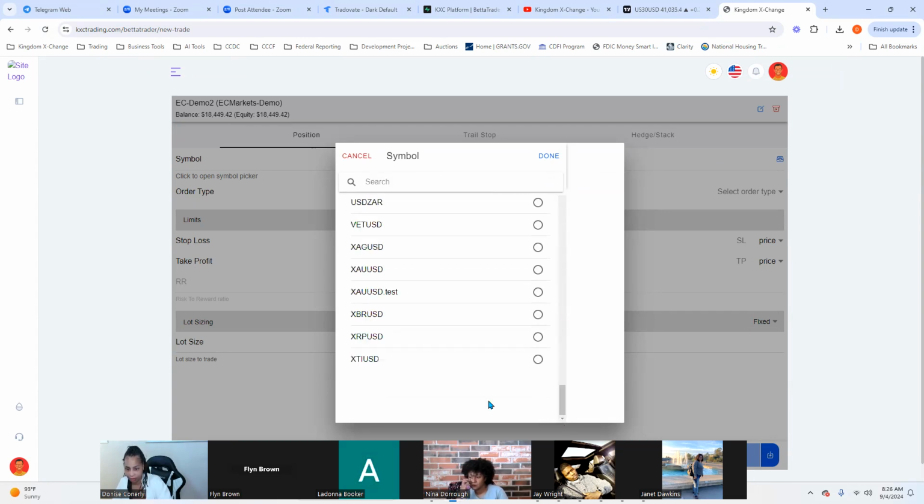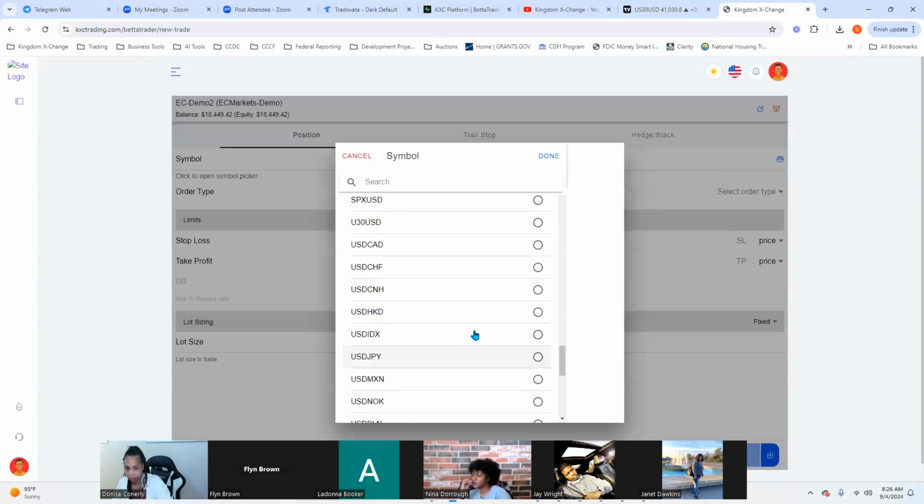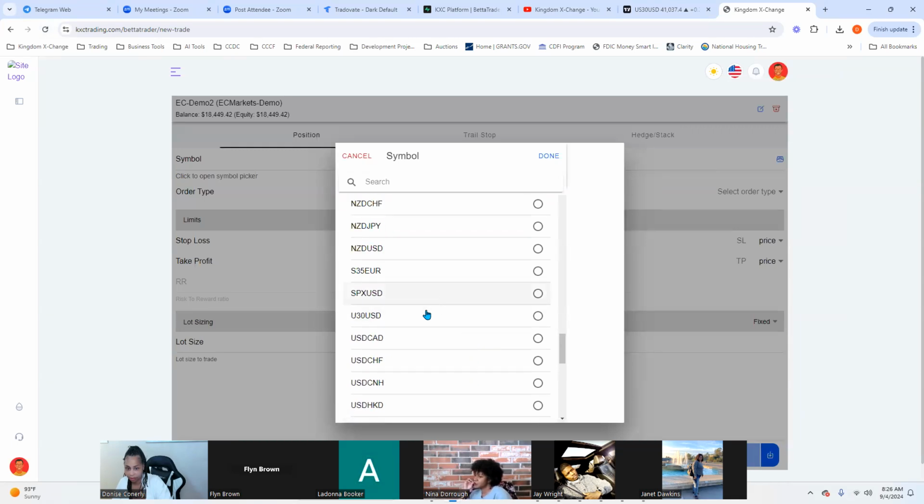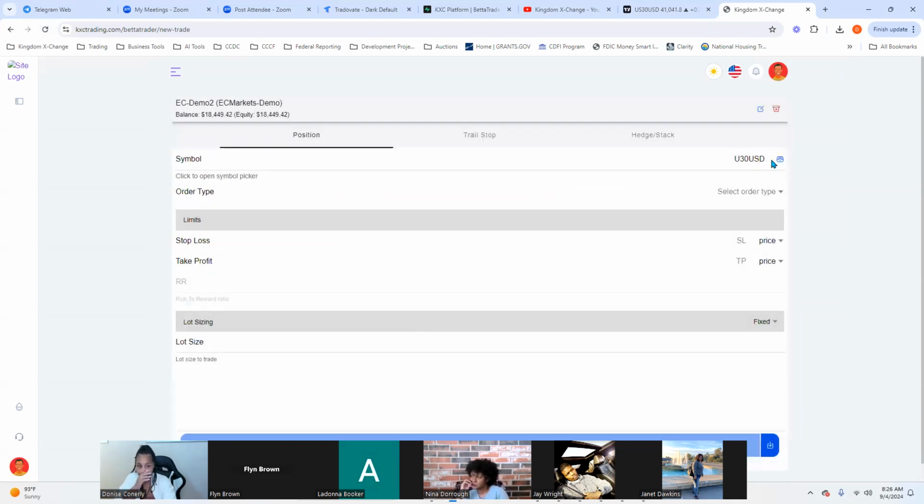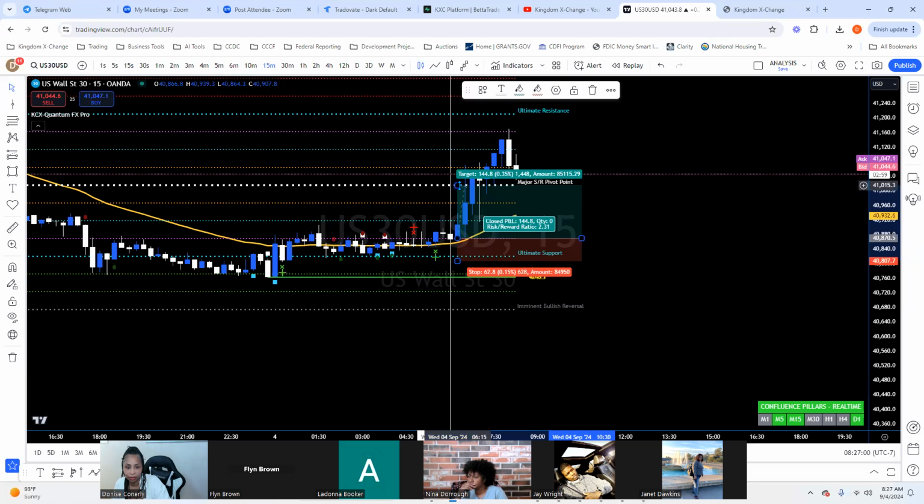This one here is called US30 USD. Okay. So it's called US 30. I'm doing a buy. My take profit price is, let's see, I'm doing it 2 to 1.